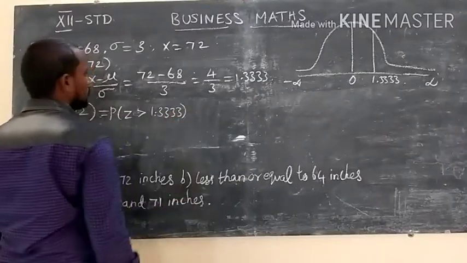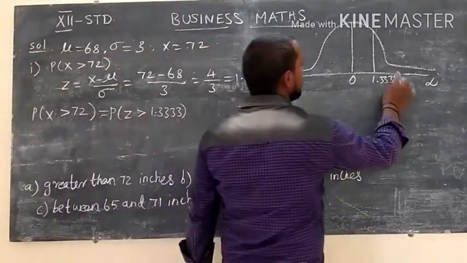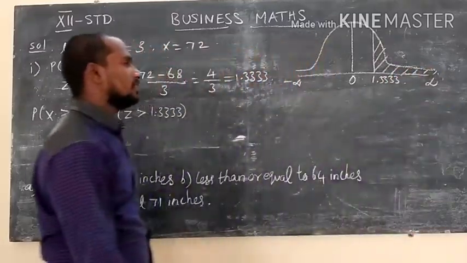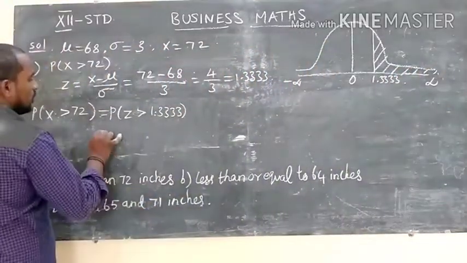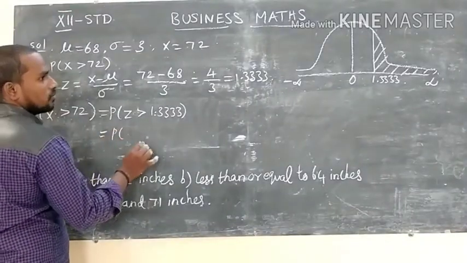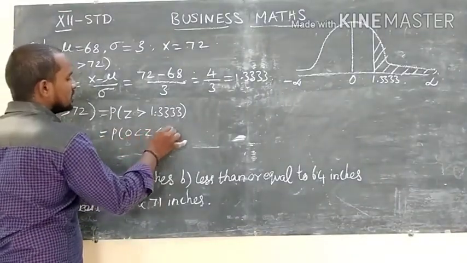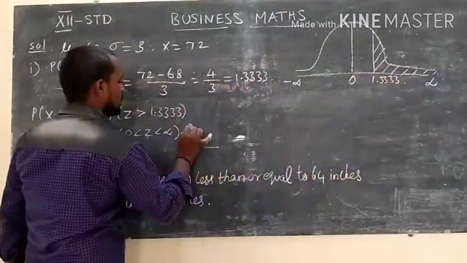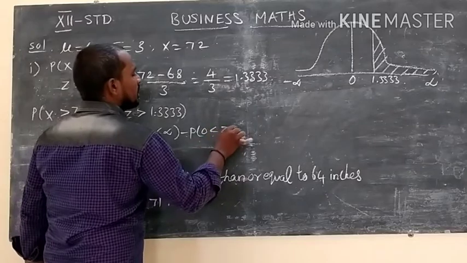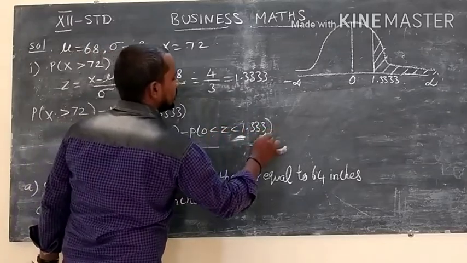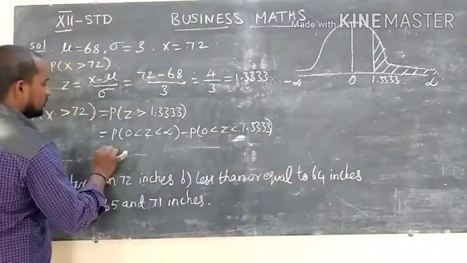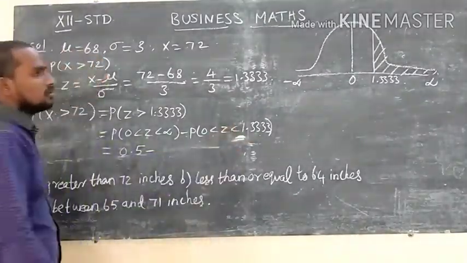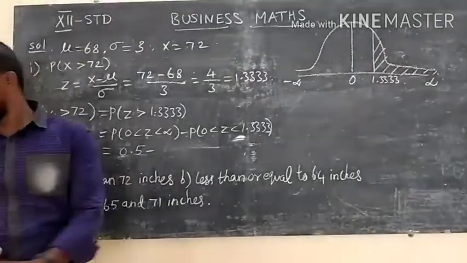Values more than 1.33 are on the right hand side, which is equal to P of 0 less than Z less than infinity, the full value, minus P of 0 less than Z less than 1.333.